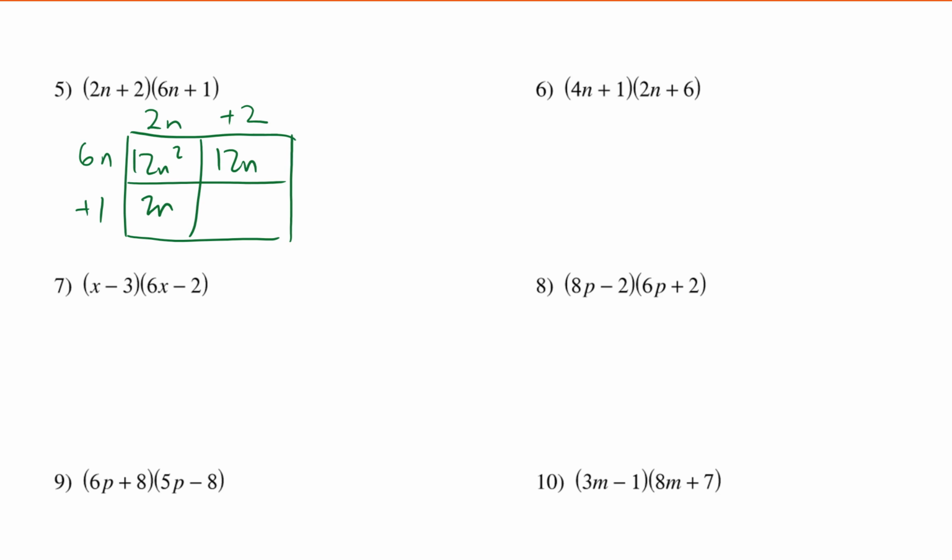Not 3. This is 1 and that length is 2. So the area is 2. Gives you my answer of 12n squared plus 12n plus 2n is 14n plus 2. Okay, there's my answer. Any questions with that stuff?